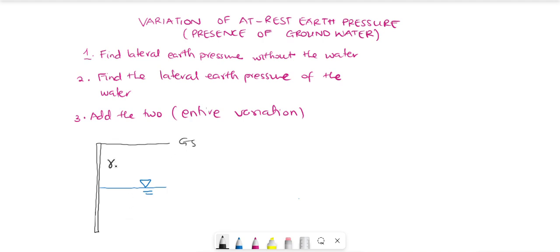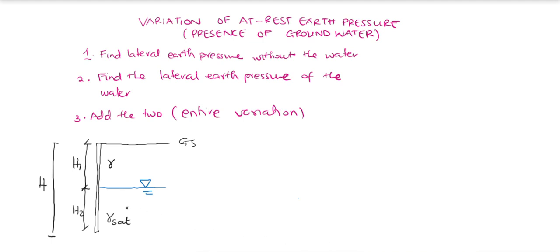And so the soil here will have a unit weight gamma. The soil here will have a unit weight gamma star because it's beneath the water table. Now the height from here to here is h1, and the height from here to here is h2. The total height from here to here, we'll call it h, right?